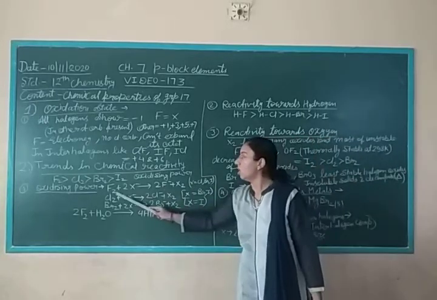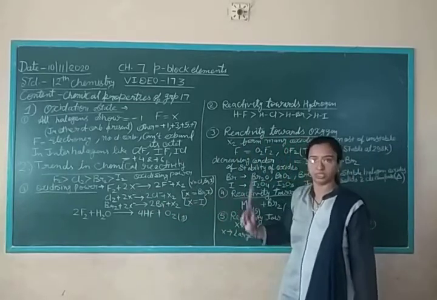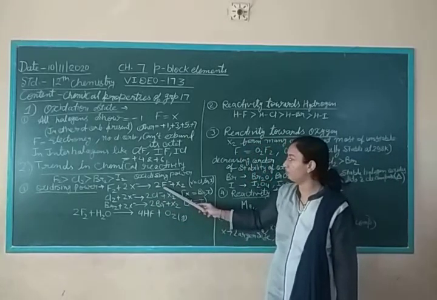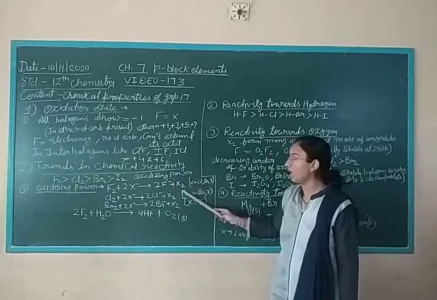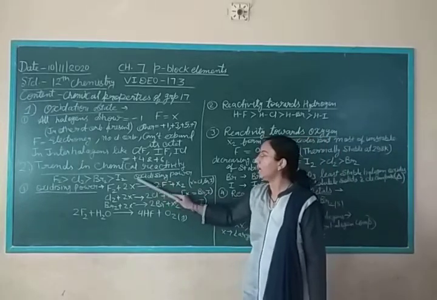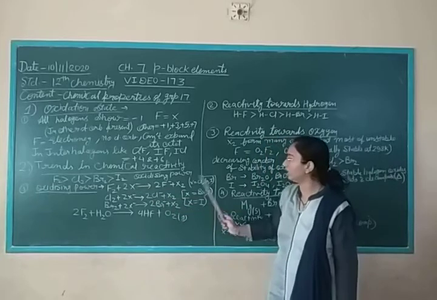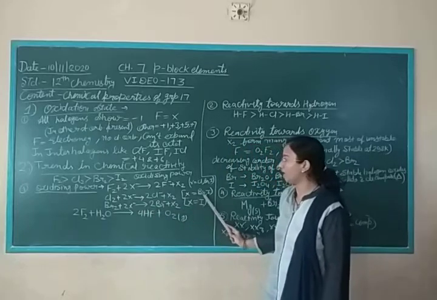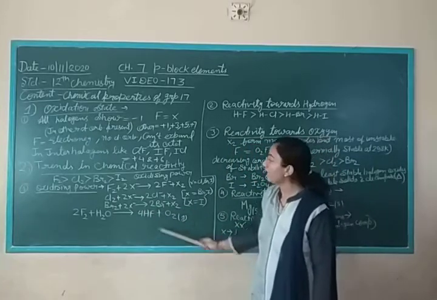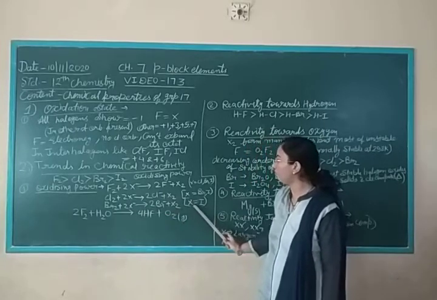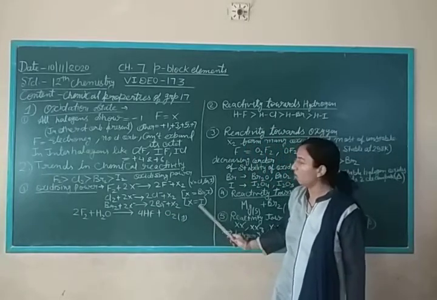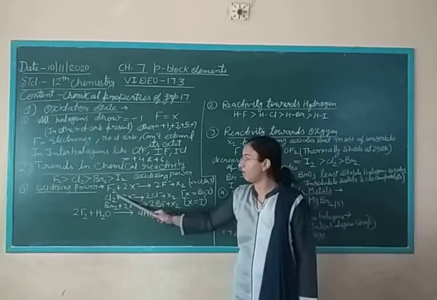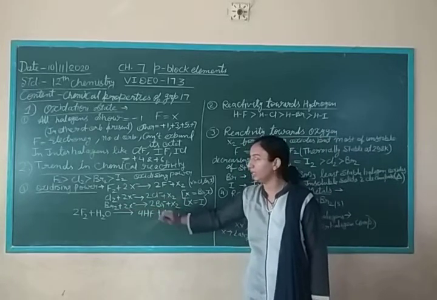Fluorine oxidizes all halogens and is itself converted into the halide, fluoride. Then chlorine oxidizes bromine and iodine, and then bromine oxidizes only the remaining last one, iodine. So fluorine oxidizes all the other halogens, and its oxidizing power is greater than chlorine, bromine and iodine.